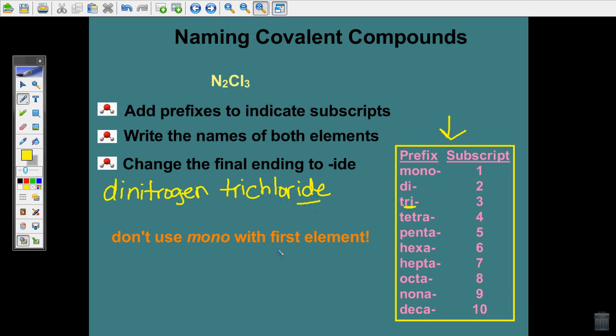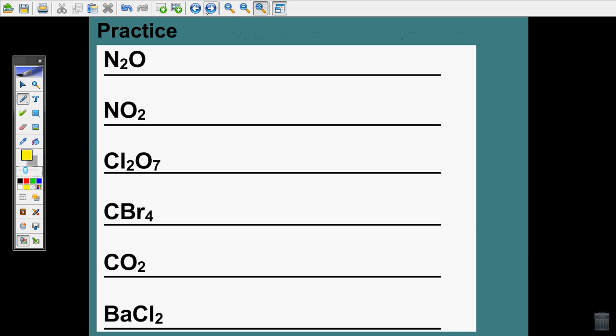You're still going to add the IDE like you do with ionic bonds. Now if I had CO, I have 1 carbon, 1 oxygen, I would not say monocarbon monoxide. This is carbon monoxide. You don't use mono with the first element. You just say its name. It's assumed you only have one of them. Alright, so practice these, pause it, and then we'll go back over it.